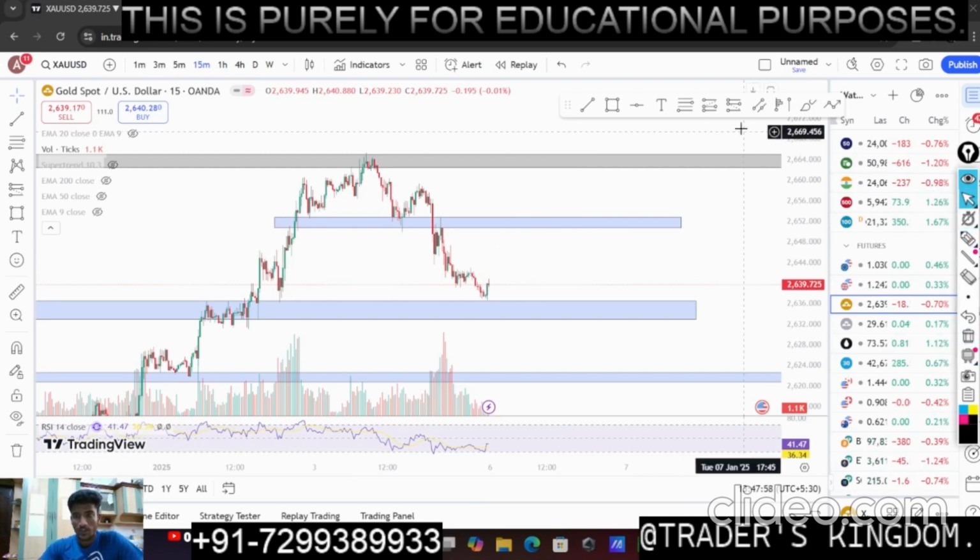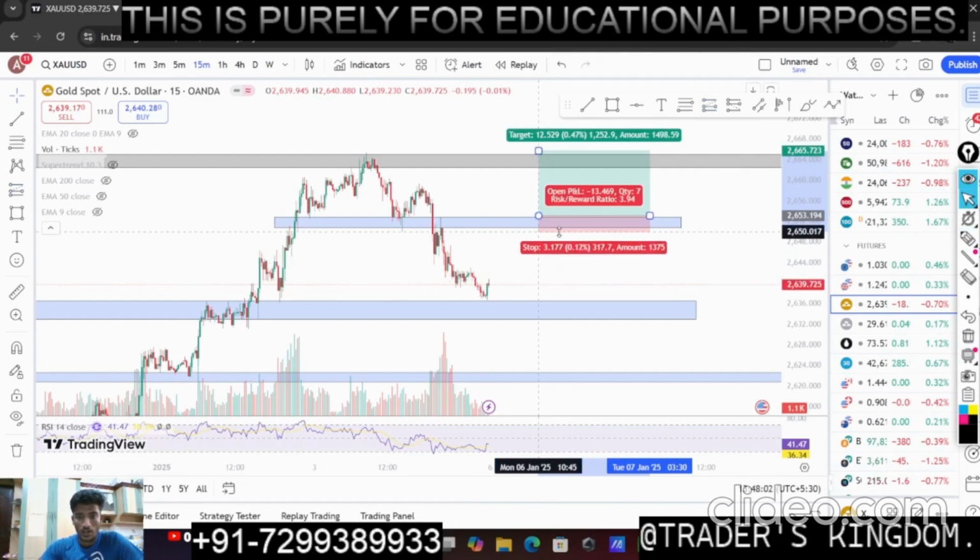So the first plan will be entering at this point for a target of 2665, which is the round number. You have to book there, no questions asked. That is the booking point, 2665. So the first plan will be this.